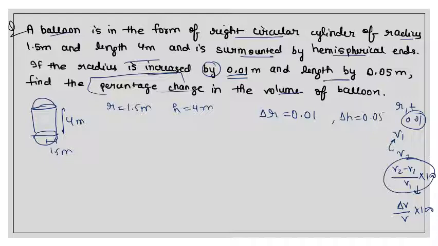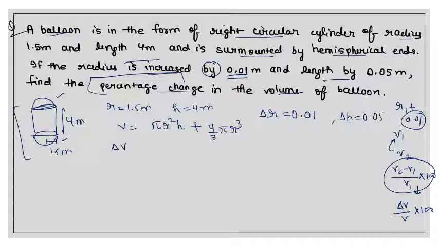Because it is about volume, so you have to find out the volume of this whole figure, which is cylinder plus two hemisphere, which will form one sphere, right? So for cylinder you have formula for volume pi r square h, and for sphere it is 4 by 3 pi r cube, right?